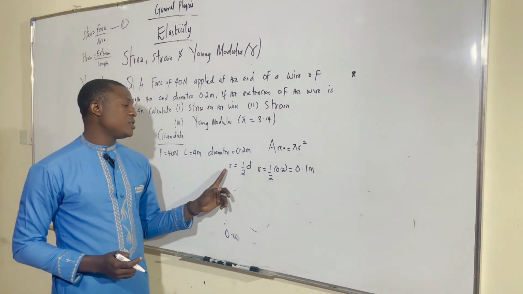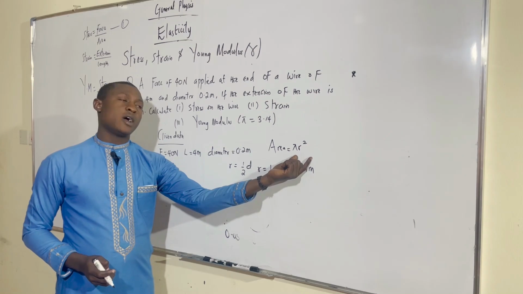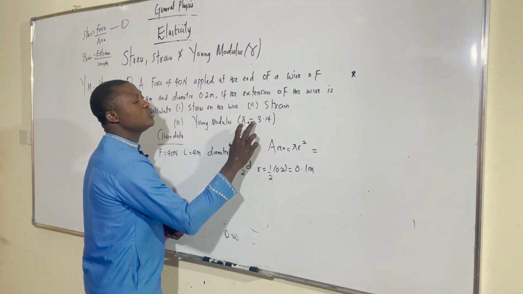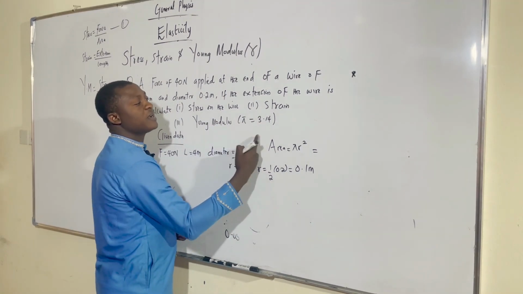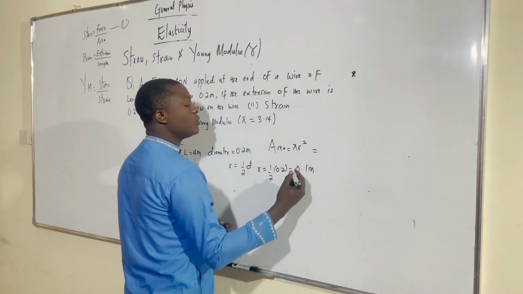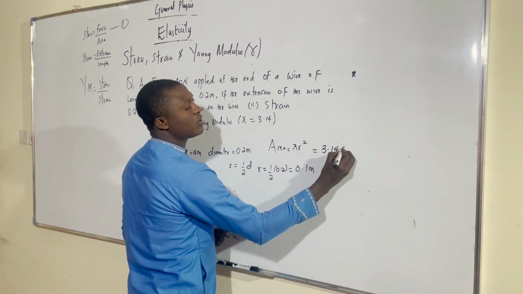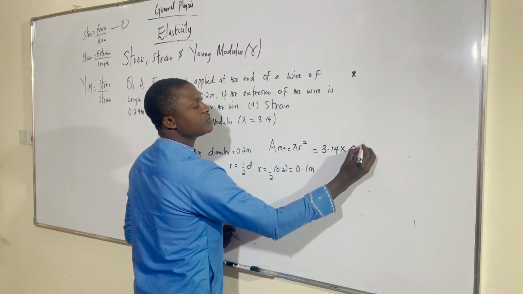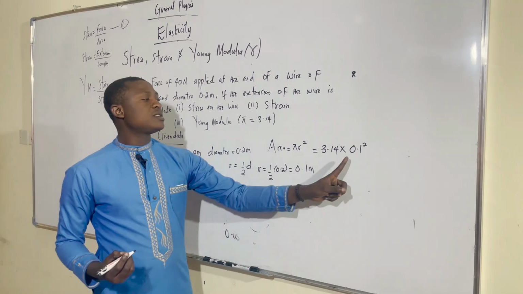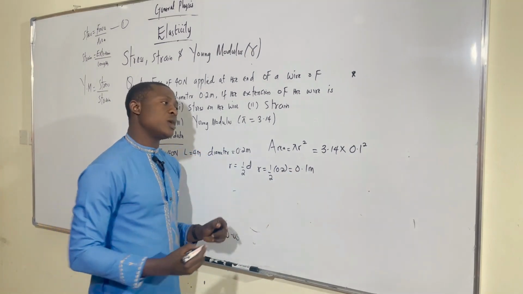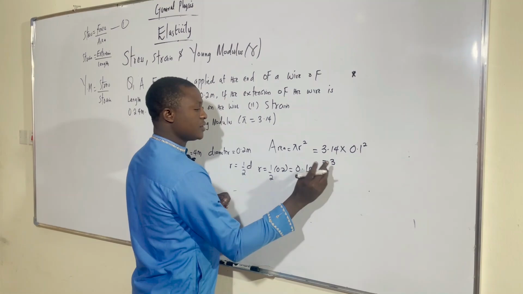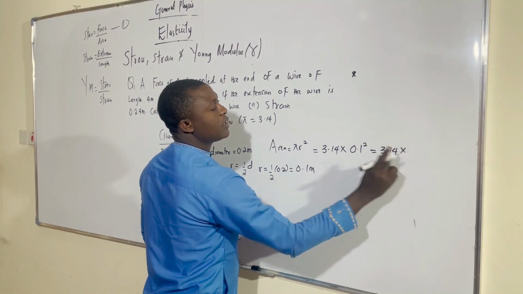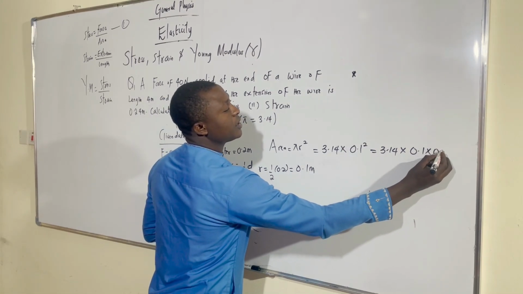So since we have gotten the value of radius to be 0.1, we can easily find our area. So area is equal to pi r square. The pi we have to use is 3.14. In some problems, they might not specify the value, but if they give you the value, then you have to use the one provided. So that's 3.14 multiplied by our radius 0.1 squared. This means before we multiply, we should square the value of 0.1, so 3.14 multiplied by 0.1 multiplied by 0.1.